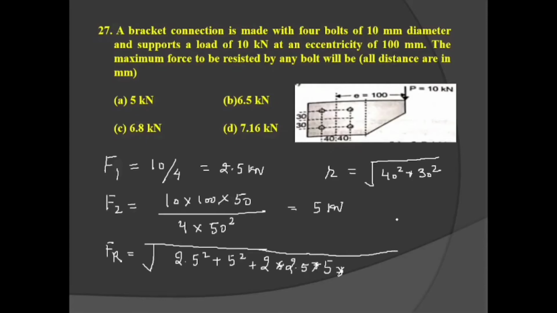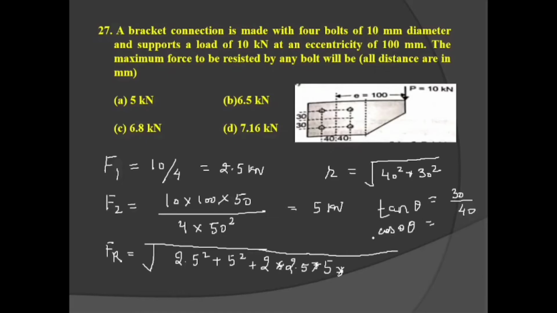Now tangent of theta is equal to 30 divided by 40. From here you can calculate the value of theta easily, or initially directly calculate the value of cos theta.